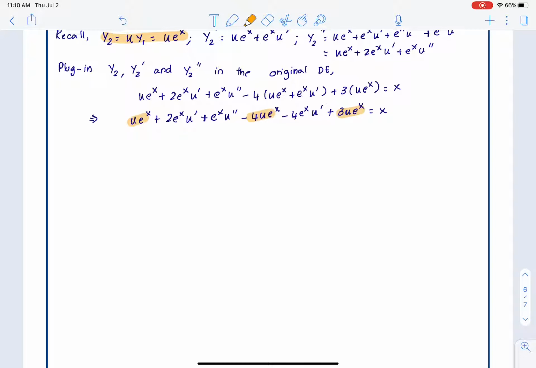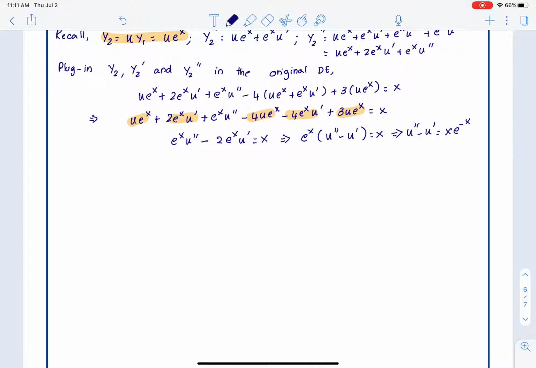And if we combine, we would have e raised x u double prime. And if I combine that term and that term, I would get minus 2 e raised x u prime equals x. We have e raised x in common, so u double prime minus 2u prime would equal x. Dividing by e raised x on both sides, we have x e raised minus x.